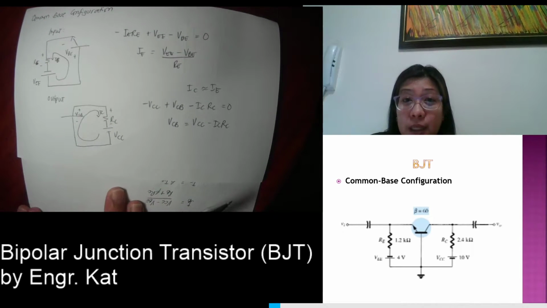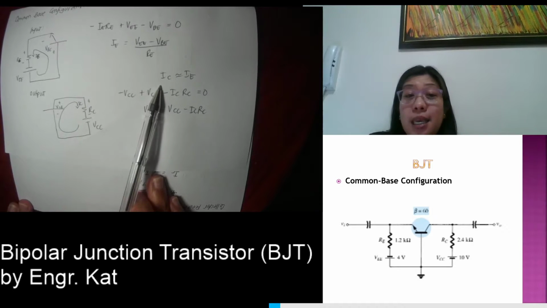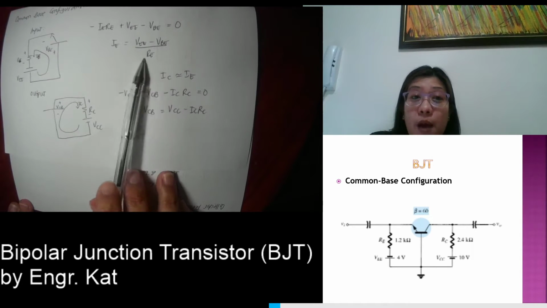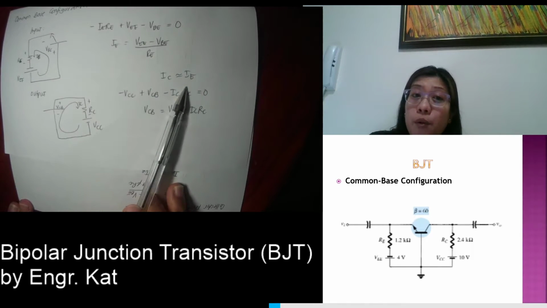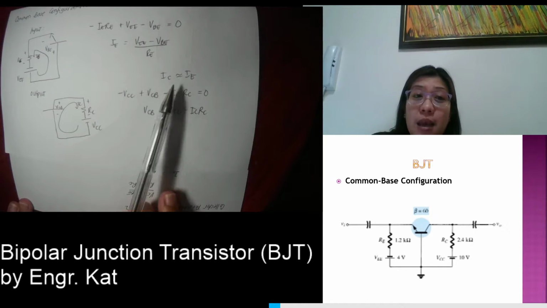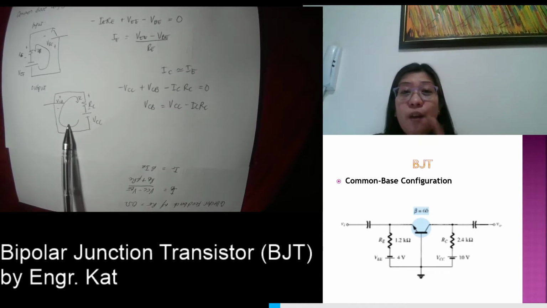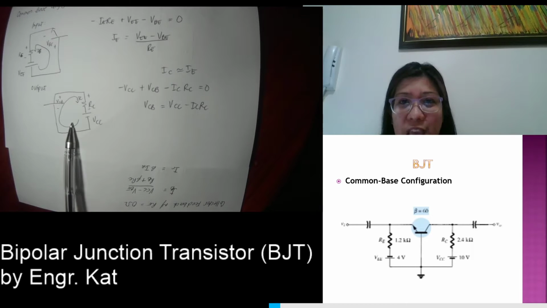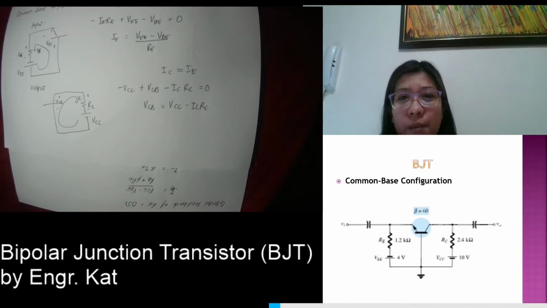And then from the output side, IC is approximately equal to IE. We have already solved for IE, so we will be using that as our IC. Instead of VCE, we don't have VCE here. Why? Because the one which is common is the base.